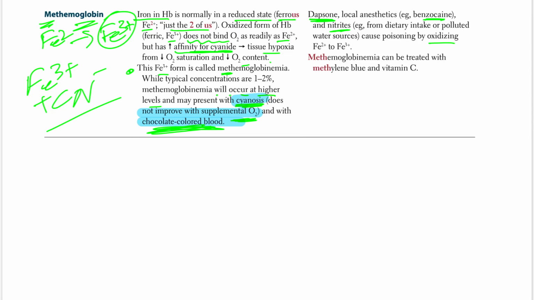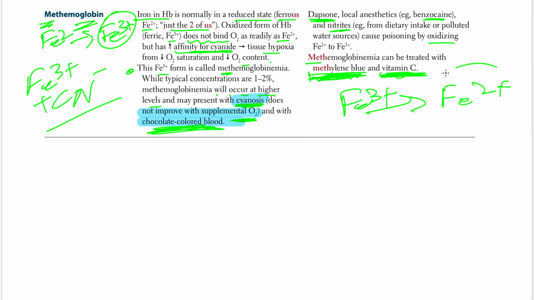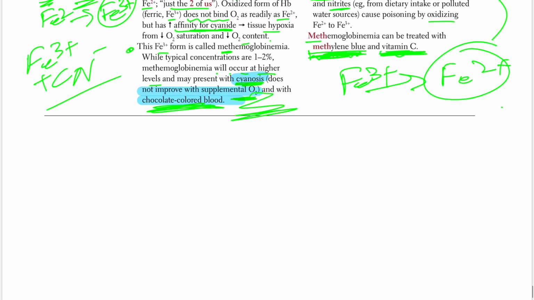Methemoglobinemia can be treated by methylene blue and vitamin C, and they will put the Fe3 back into the Fe2 state. So yeah, methemoglobin is easy. Just remember these two things: cyanosis does not improve with O2, and chocolate colored blood.